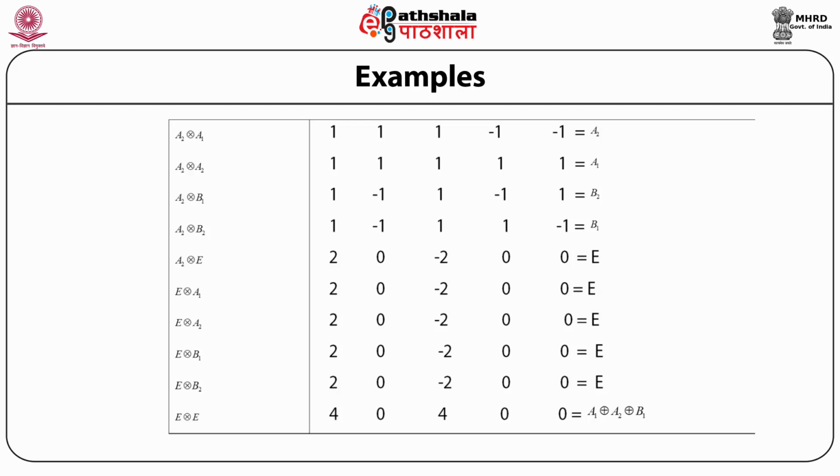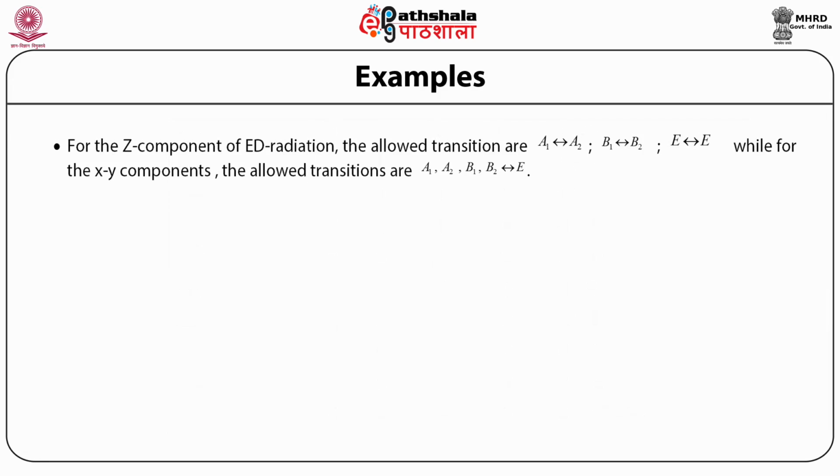So what does it tell us? It tells us that for the Z component of the electric dipole radiation, the Z component transforms as B2. The allowed transitions are then A1 to B2, A2 to B1, E to E, while for the XY components, the only allowed transitions are from A1, A2, B1, B2 to E.